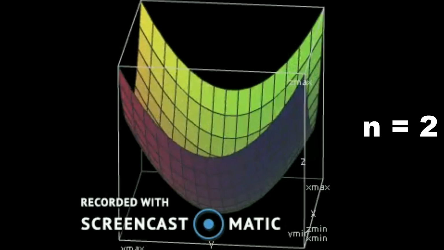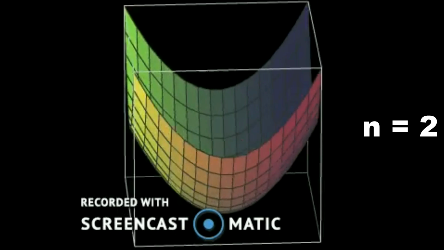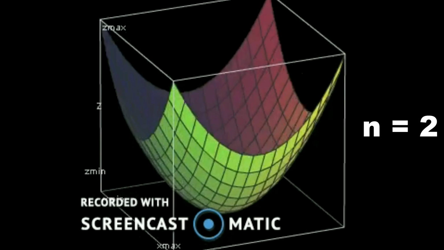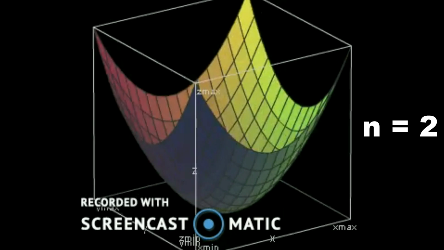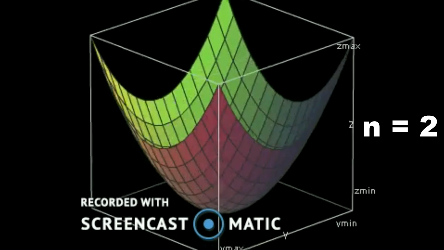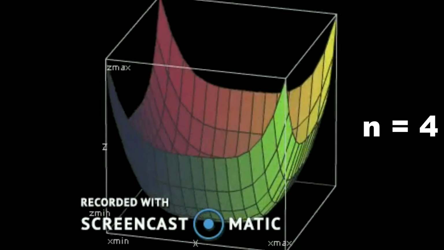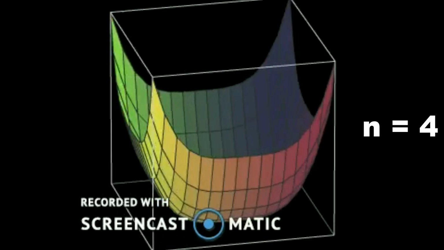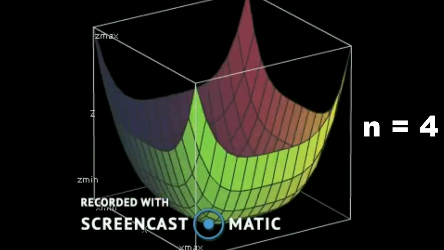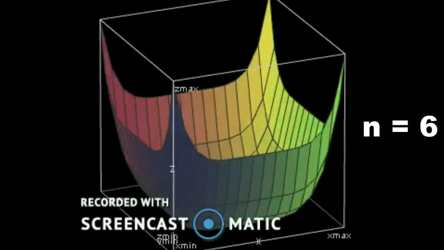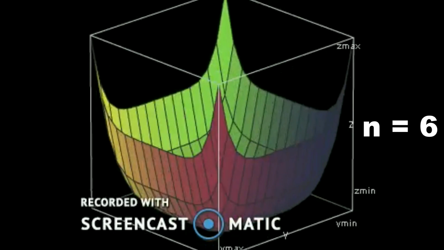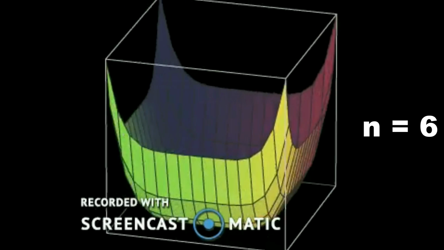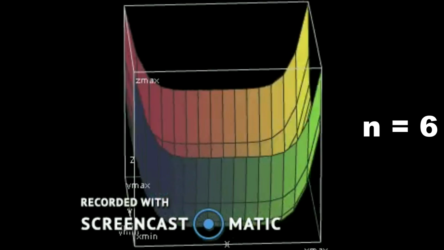Now, once you realize that you're dividing n by 2, it starts to make a lot more sense that when n is an even number, you have these semi-nice conical shapes that get a little bit squarer as n increases.